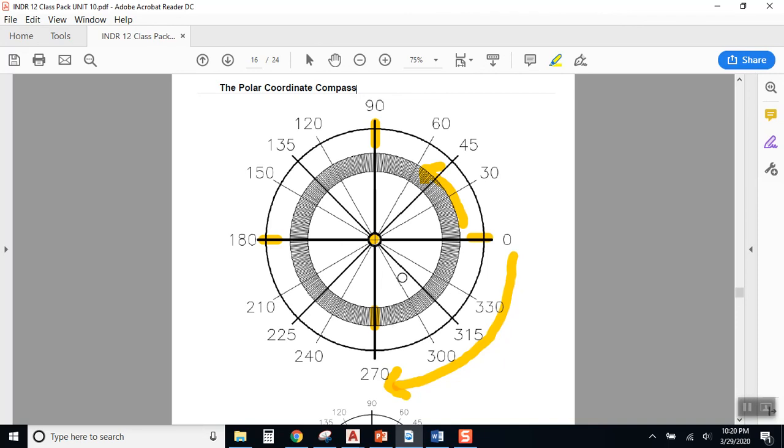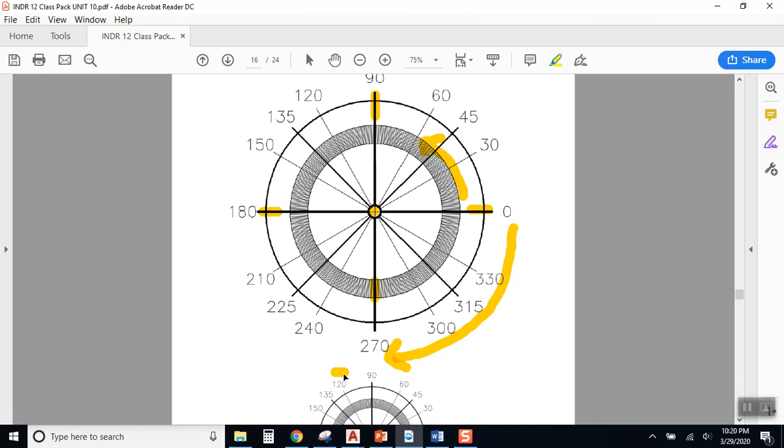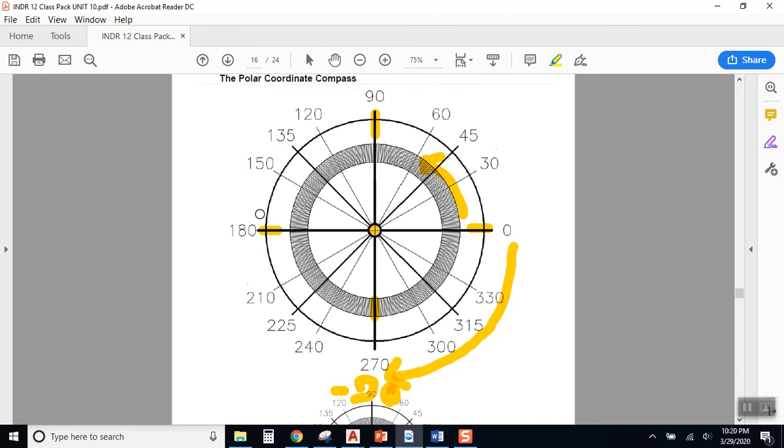But if you were looking at it from a clockwise point of view, 270 is also negative 90. And going around to here, well, that'd be negative 180, which is the same as 180.